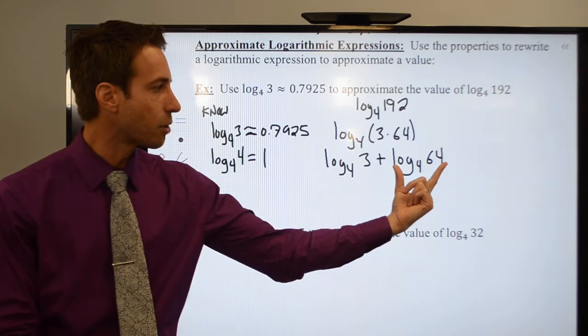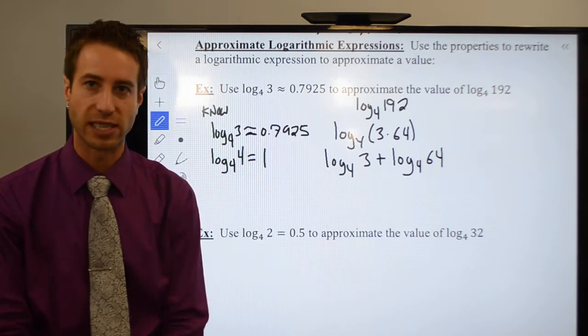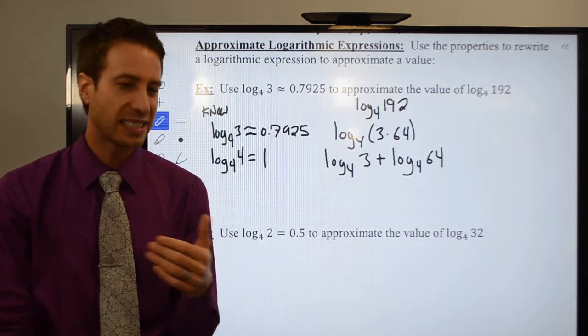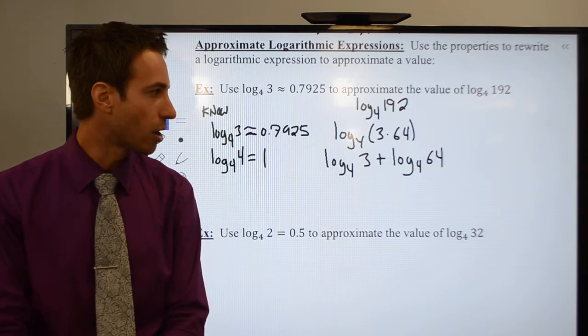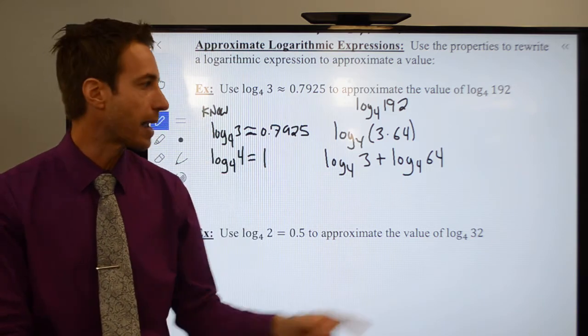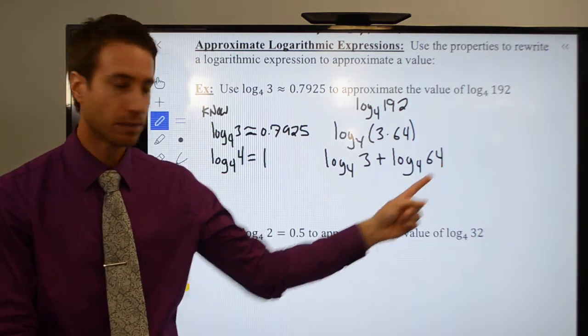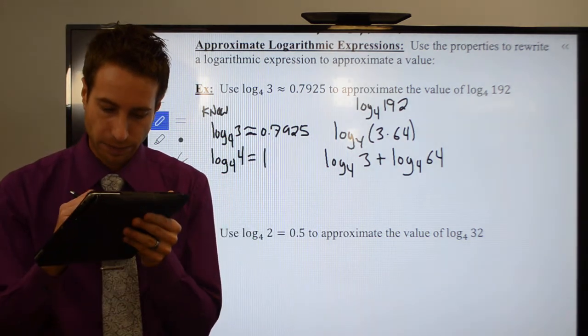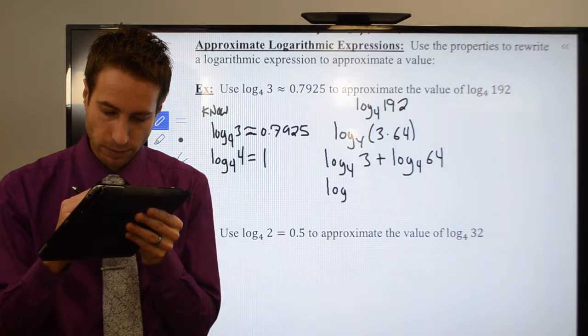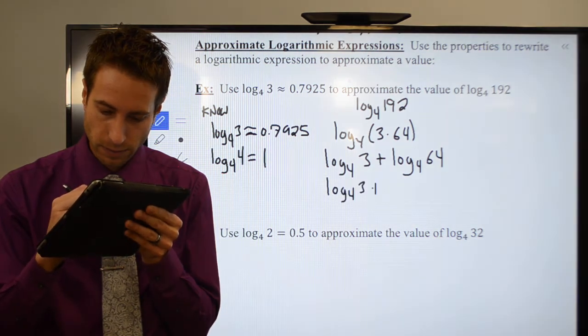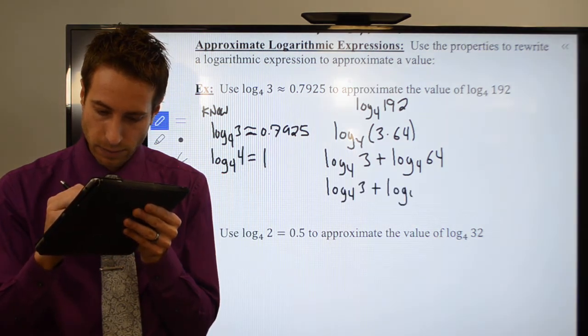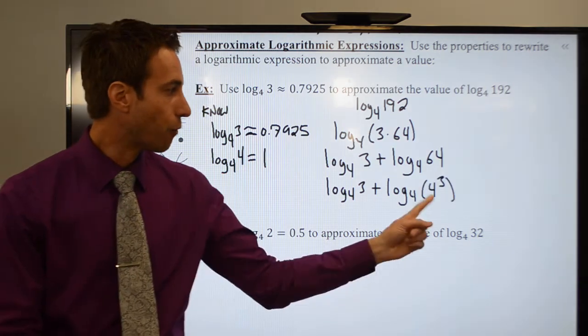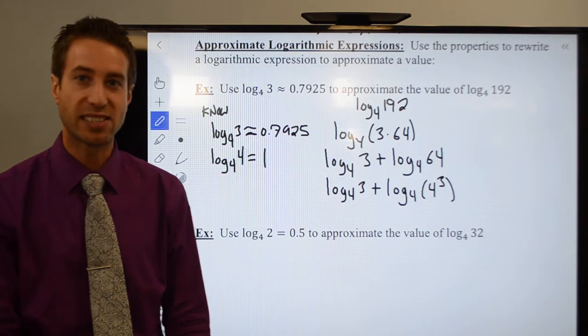But I've still got this little bit right over here, log base 4 of 64. Again, it probably won't take you that long to realize, oh wait a second, 64 is 4 to the third power. 4 to the third power gets me 64.